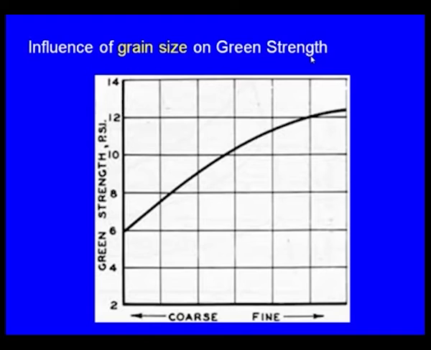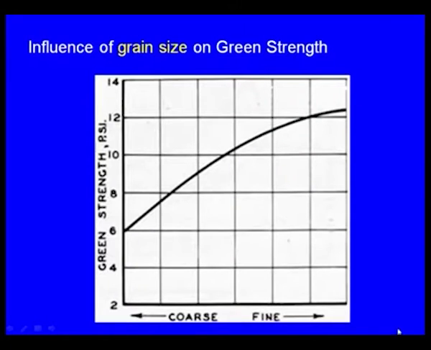Now this is the influence of grain size on the green strength. Previously we have seen the influence of the grain shape, now this is the grain size. You can see here, the left side indicates the coarser grains, the right side indicates the fine grains. Starting from the coarse grains, as the sand becomes finer and finer, the green strength is gradually increasing.